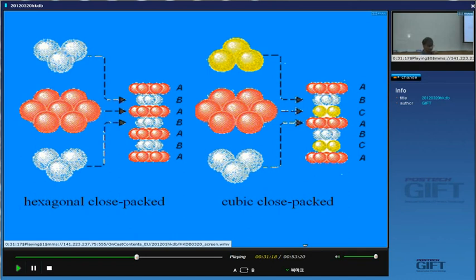And austenite is cubic close-packed, and the same planes are stacked in the sequence A, ABC, ABC, ABC. So it's very easy to see the deformation which would change austenite into epsilon. All I have to do is change this stacking sequence into this stacking sequence by shear on those close-packed planes. Yeah?